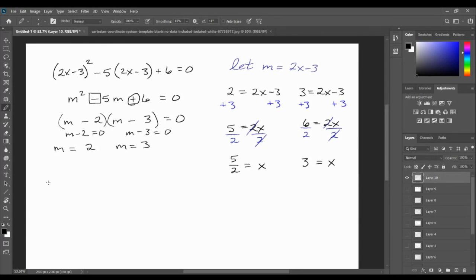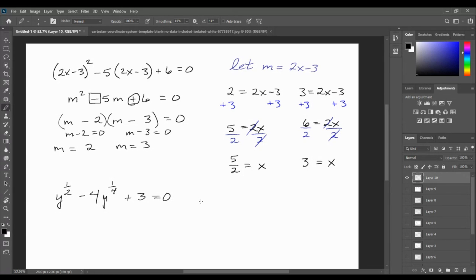Quick recommendation. We've got y to the 1/2 minus 4 times y to the 1/4 plus 3 equals 0.